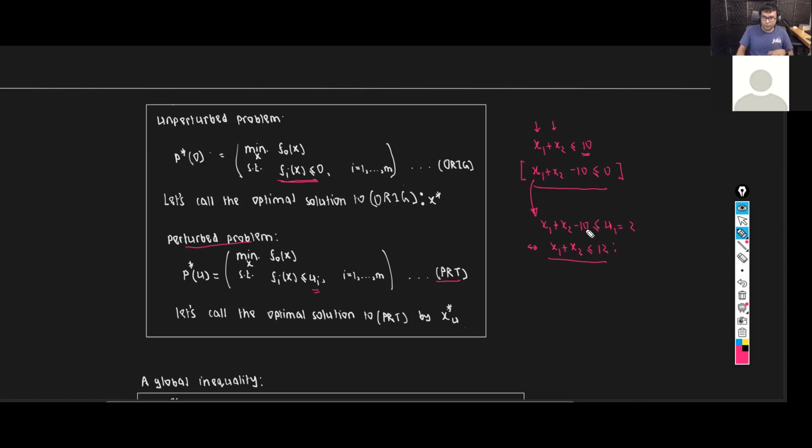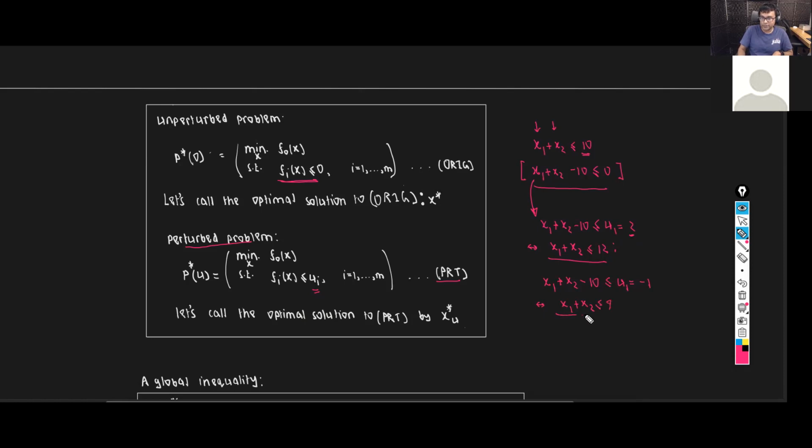Another possibility is that rather than positive, it could be negative too. Take the same constraint, x1 plus x2 minus 10, and let's say the budget perturbation u1 is minus 1 now. Then x1 plus x2 is less than or equal to 9.